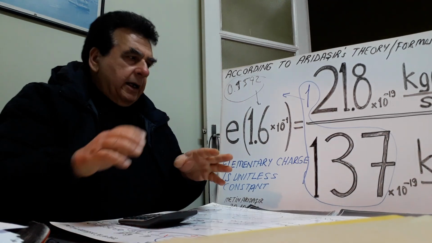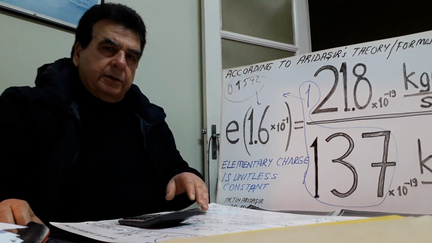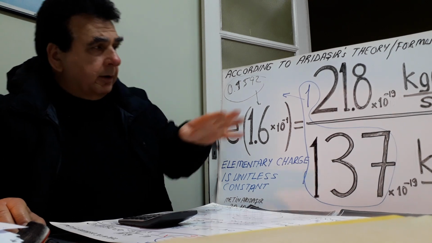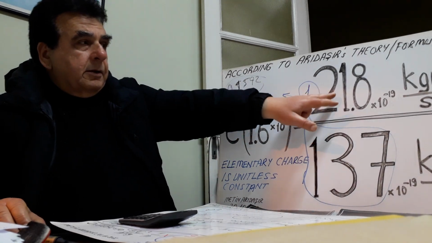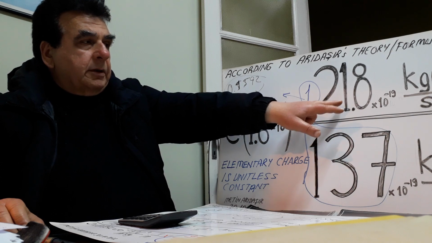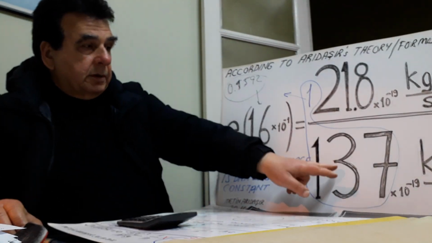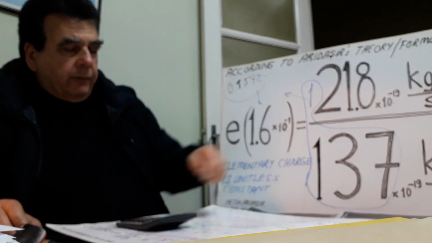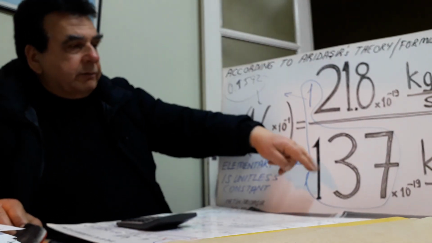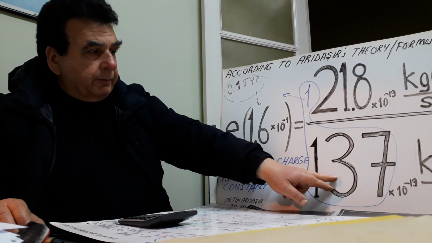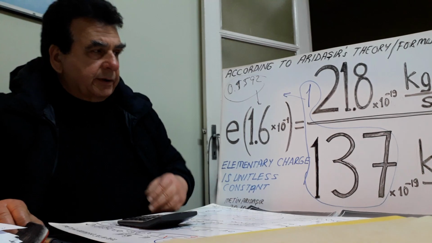Remember, for hydrogen ground state energy, 13.6 electron volt, they say, or 21.8 joules. In fact, speed of light, tangential velocity component here, I have computed and I have told you before, 137.